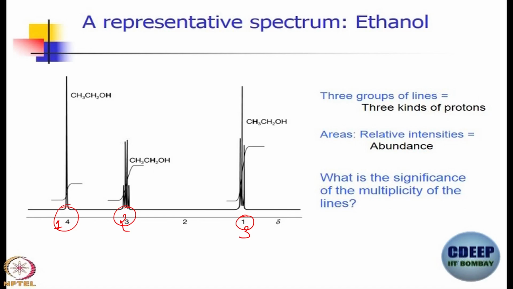Anyway, we need to discuss what spin-spin coupling is. Today I'm not going to repeat what Professor Datta has already done in his lecture. We have solved some numerical problems so that you can have an idea.